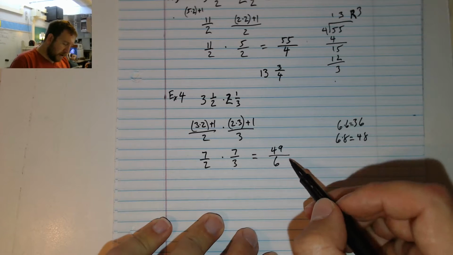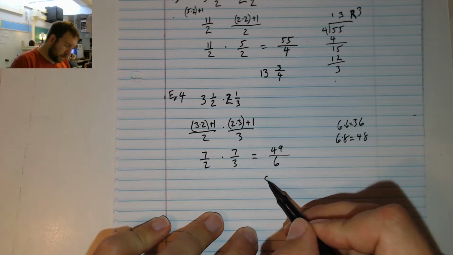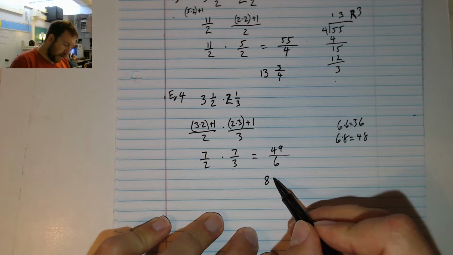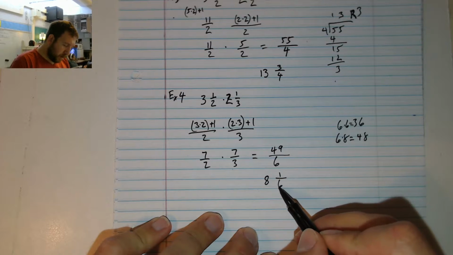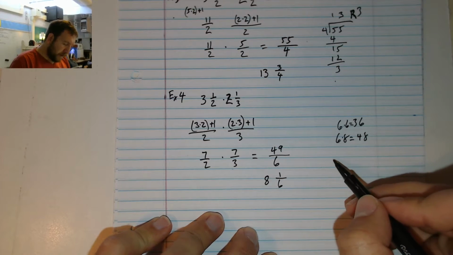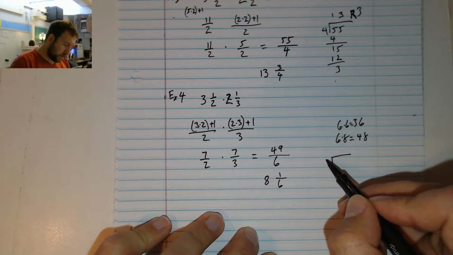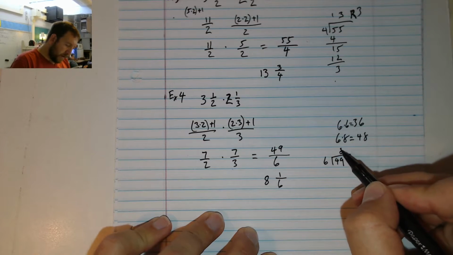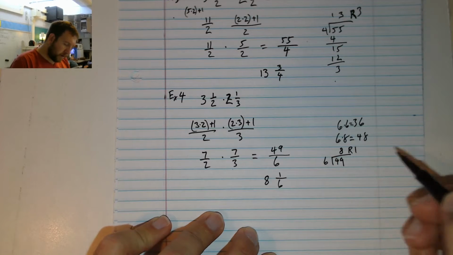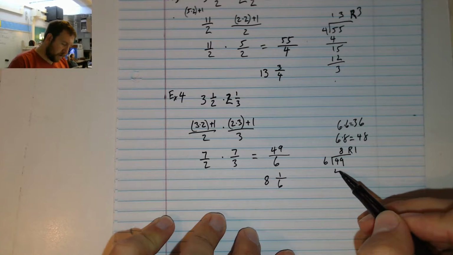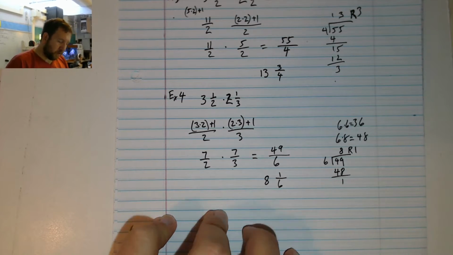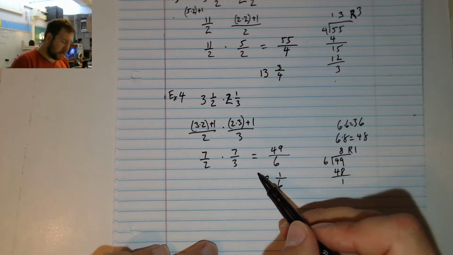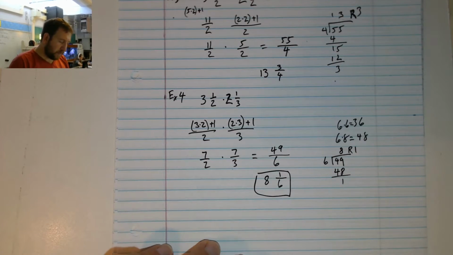So now I can pull 8 of those 6's out, which leaves me as 8 and 1/6. Because if I was going to set up my little division, I would do this, 6 into 49, and I would have 8, remainder 1. 6 times 8 is 48, with 1 left. Makes sense? So my answer is 8 and 1/6.